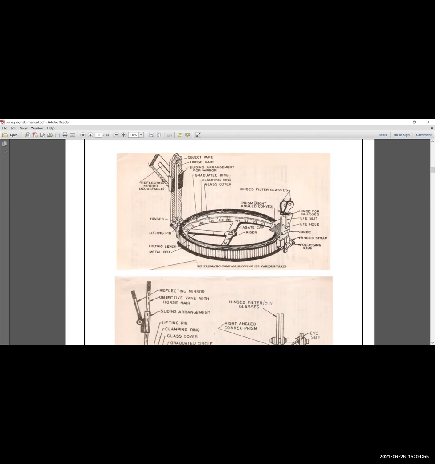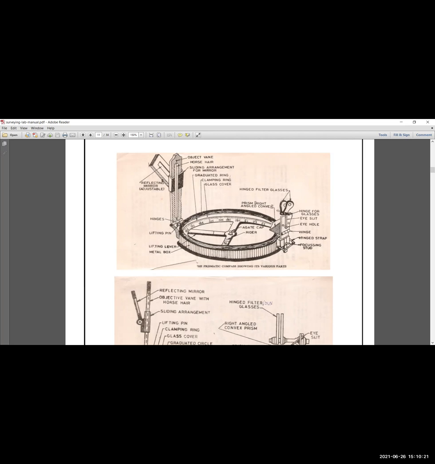This box is a metallic box. Within this, a graduated ring is available. 0 to 360 degrees is marked. It also shows the north direction. This is the lifting lever. Here also a lifting pin is present.